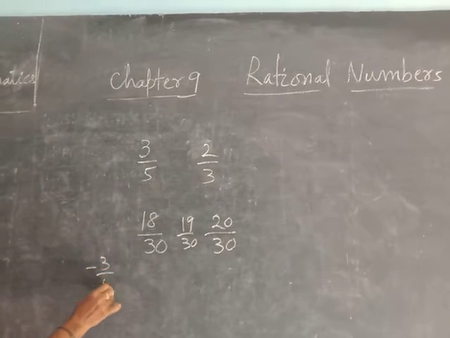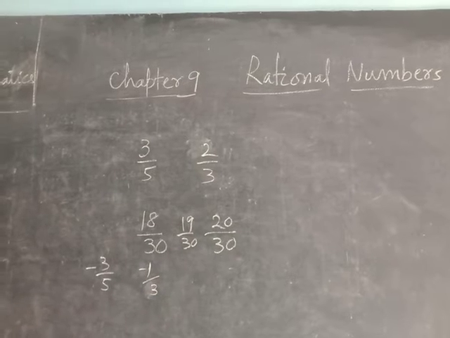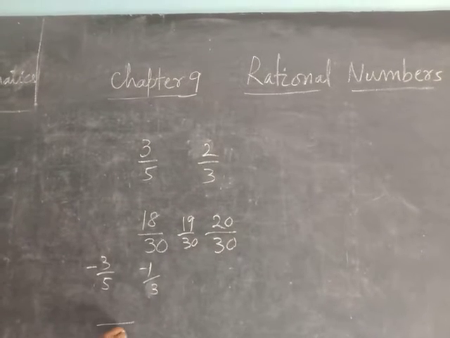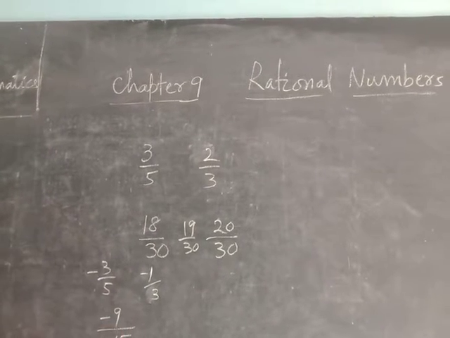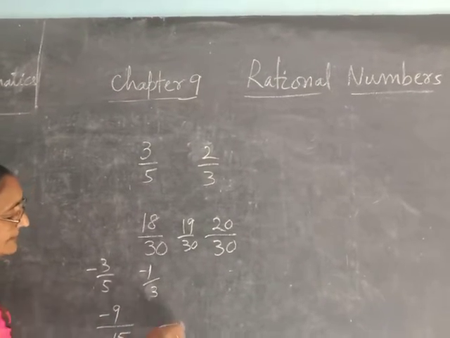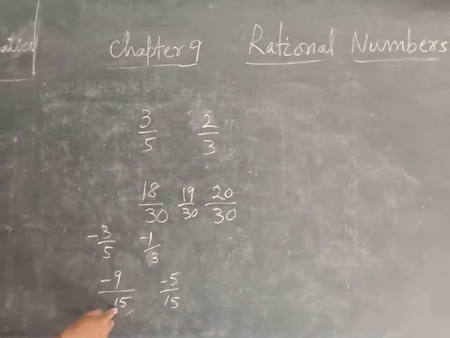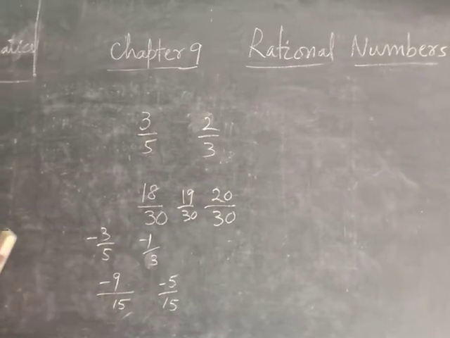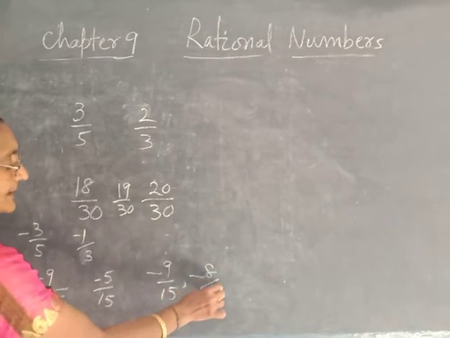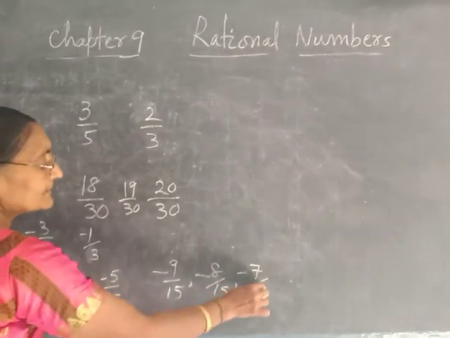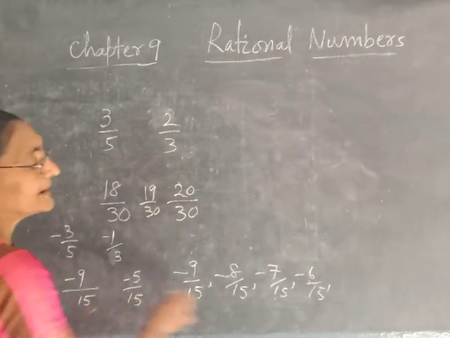Therefore, 3 by 5 is there and 1 by minus 3 is there. Then what will you do? Take the LCM. Suppose 15 is the LCM. Then 5 times 3 is 15, 3 times 3 is 9. Then it is 15, 3 times 5 is 15. So between these two numbers, how many numbers are there? Minus 9 by 15, then minus 8 by 15, then minus 6 by 15, then minus 5 by 15.